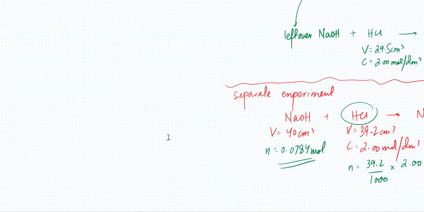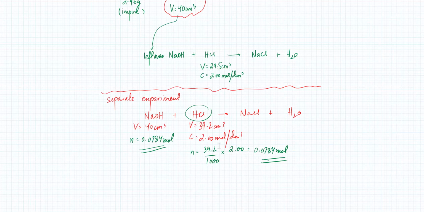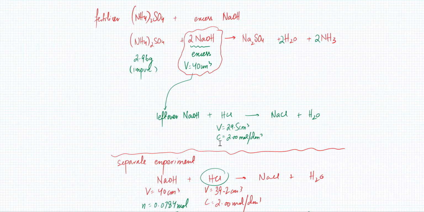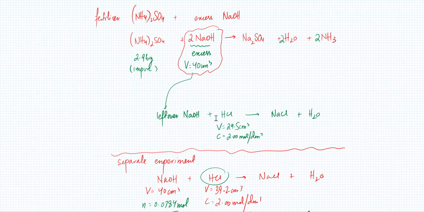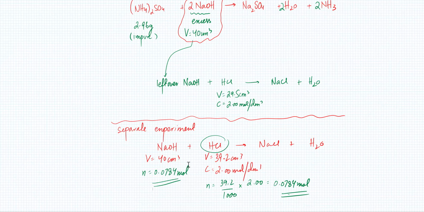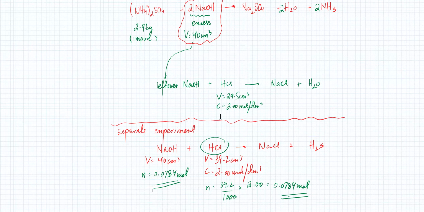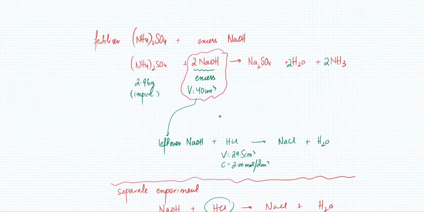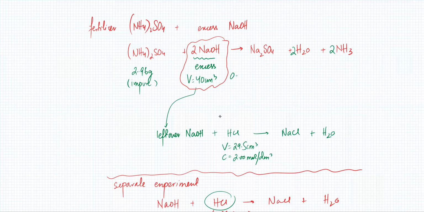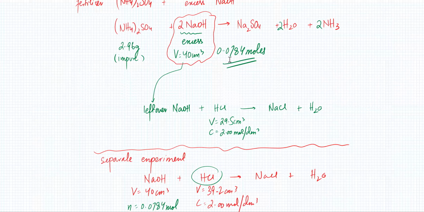So what was the purpose of this second experiment? Did you understand that the original NaOH that was added, you now know the moles of this from the second experiment? This original NaOH was 0.0784 moles. So you know the moles that you added, but it's added in excess.